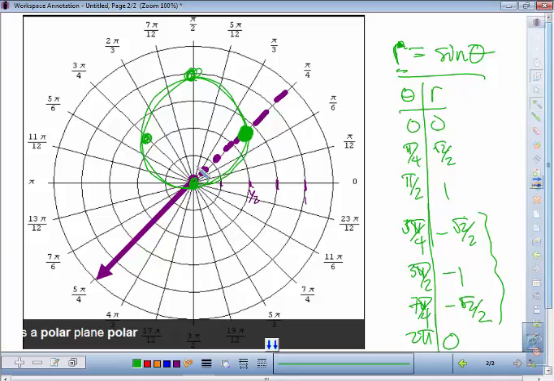So really, you could draw this out if you just go from 0 to pi. Where's pi? Oh, I didn't put pi. Let's put pi. You can draw this out from 0 to pi and then be done with it.